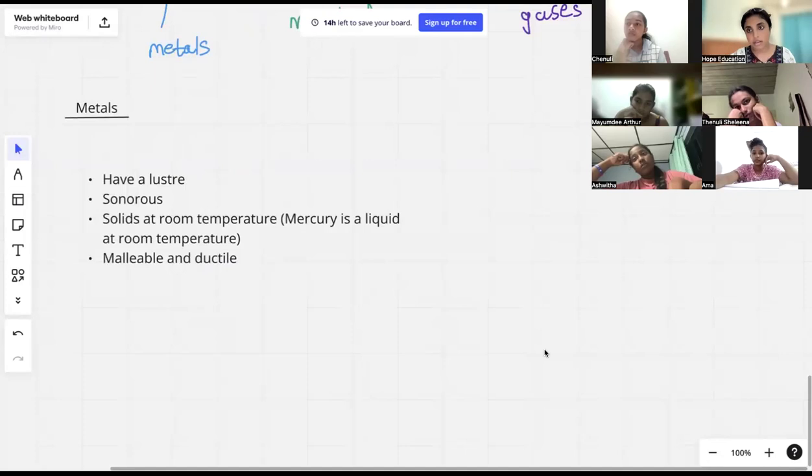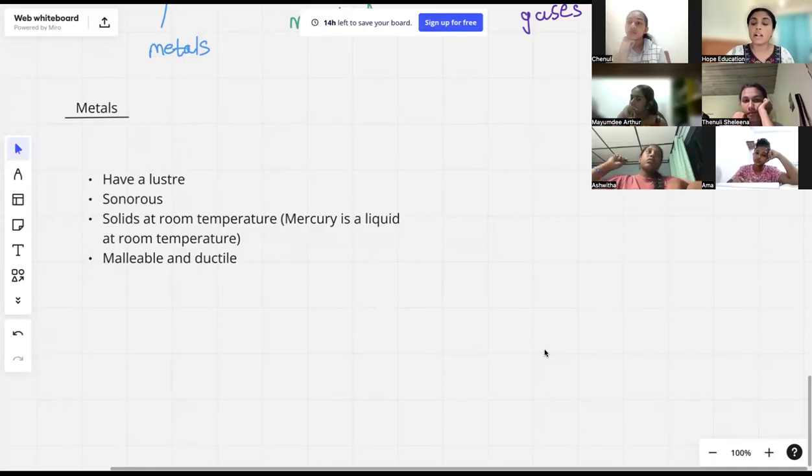No, it gets flattened, right? You can hammer it until it becomes flat, a metal, any metal. But let's say glass or plastic or polystyrene or wood, you can't do that, right? As soon as you hit it, it breaks or cracks or something happens.